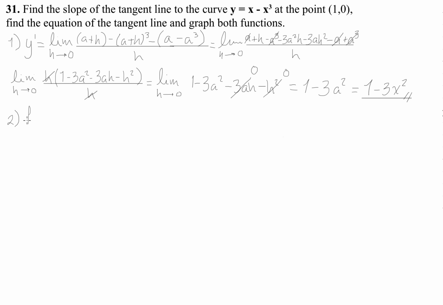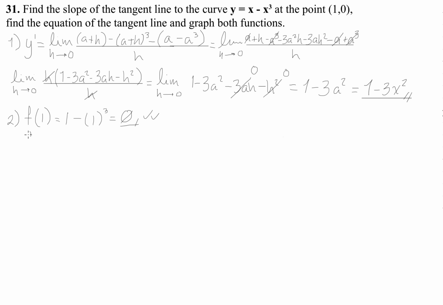If I plug in 1 on the original equation, I'm going to get 0. So this will be f of 1 on the original equation: 1 minus 1 to the third power, that is equal to 0. So I'm just checking that everything is correct.